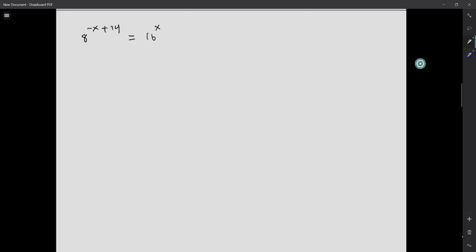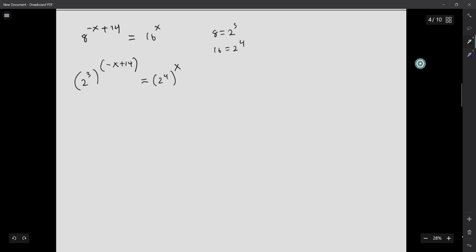Because if you notice, we have 8 and 16. Not only is one a multiple of the other, but they're both powers of 2 in this case. 8 equals 2 cubed. 16 equals 2 to the 4th. So instead of using logarithms, I can say that I've got 2 cubed raised to the power of minus x plus 14 equals 2 to the 4th raised to the power of x.